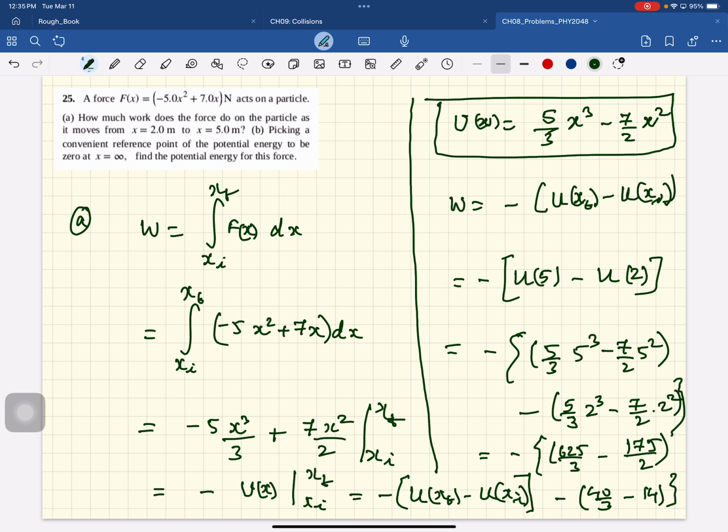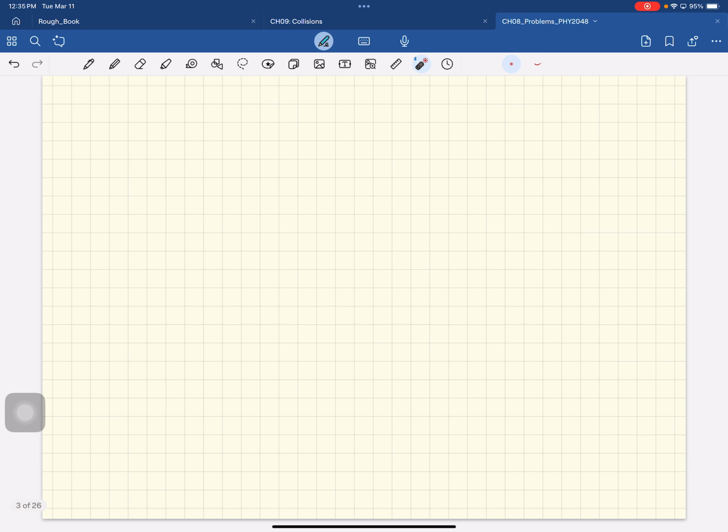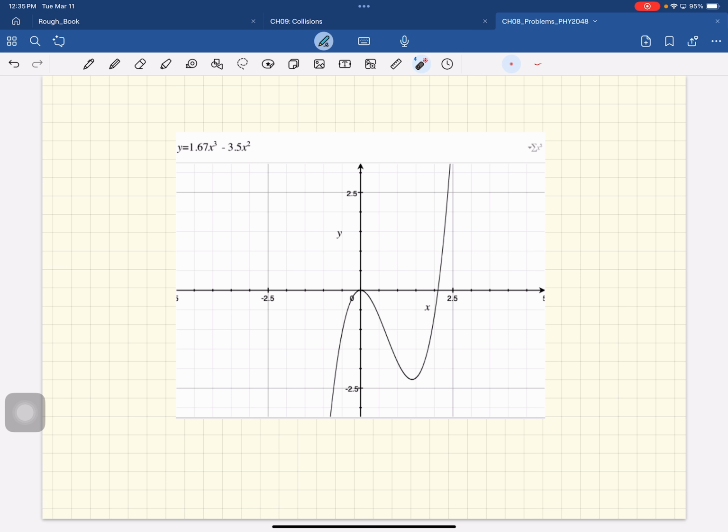Part B says, picking a convenient reference point of the potential energy to be 0 at infinity, at x equal to infinity, find the potential energy. So there's the potential energy function, and let me show you a graph of that.